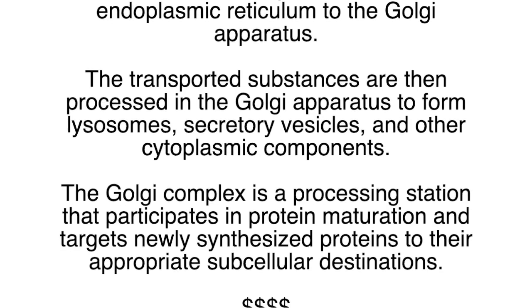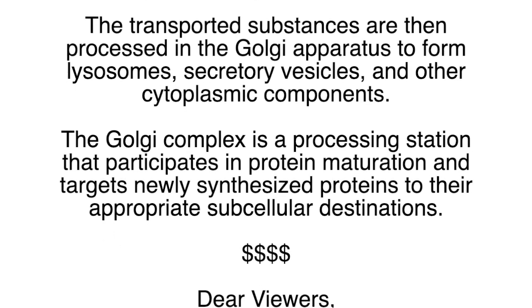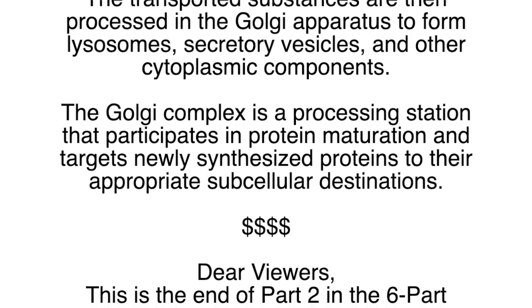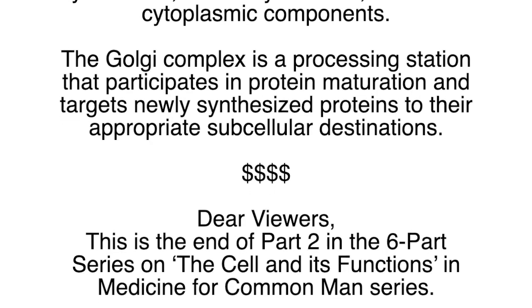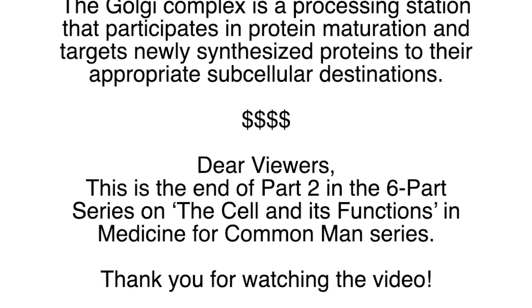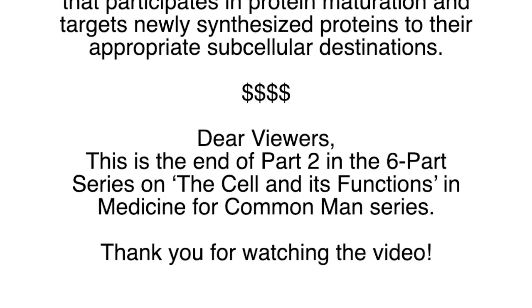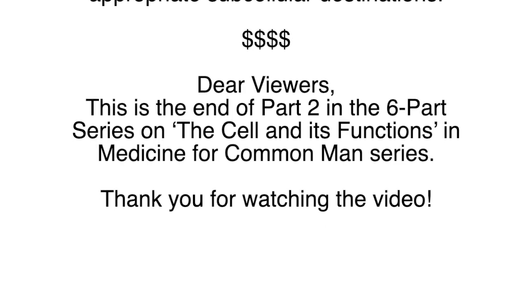The transported substances are then processed in the Golgi apparatus to form lysosomes, secretory vesicles, and other cytoplasmic components. The Golgi complex is a processing station that participates in protein maturation and targets newly synthesized proteins to their appropriate subcellular destinations.